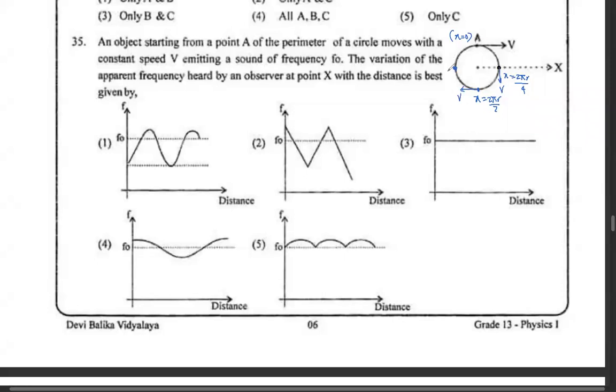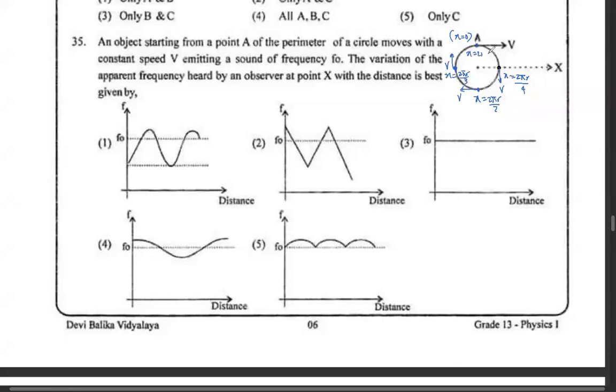So here x is equal to 2 pi r by 3, and finally when the object comes back here, x is equal to 2 pi r, because the observer is not moving anywhere, only the object is rotating.